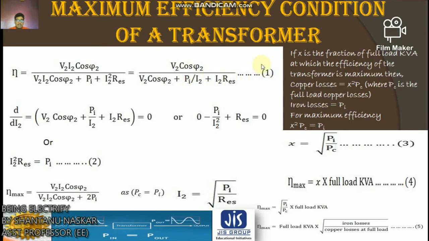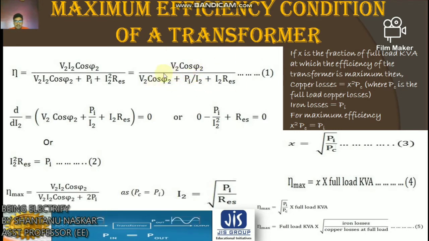Now the value of the terminal voltage V2 is approximately constant. Thus, for a given power factor, the transformer efficiency depends upon the load current I2. In equation 1, the numerator is constant, and the transformer efficiency will be maximum if the derivative of the denominator with respect to the variable I2 equals 0.